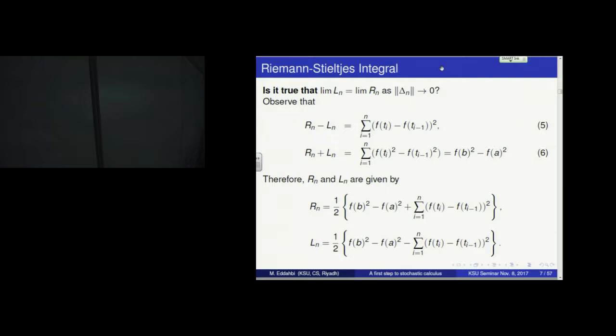This is the starting point. In order that R_n and L_n have the same limit, this should be 0. Because if this converges to some constant L, you will have this term plus L and this term minus L, so they will be different. The only situation where both coincide is when this quadratic limit is 0.